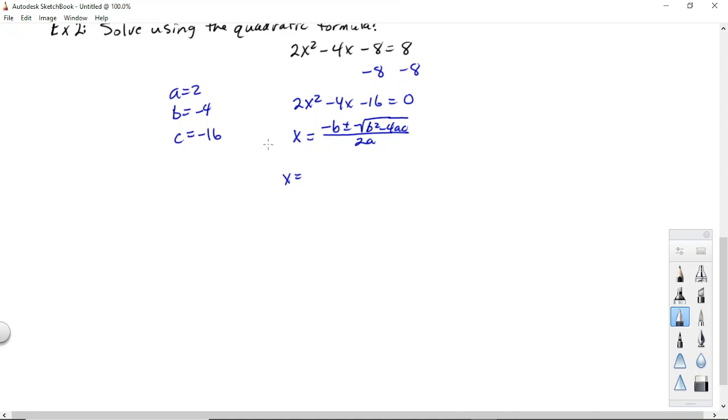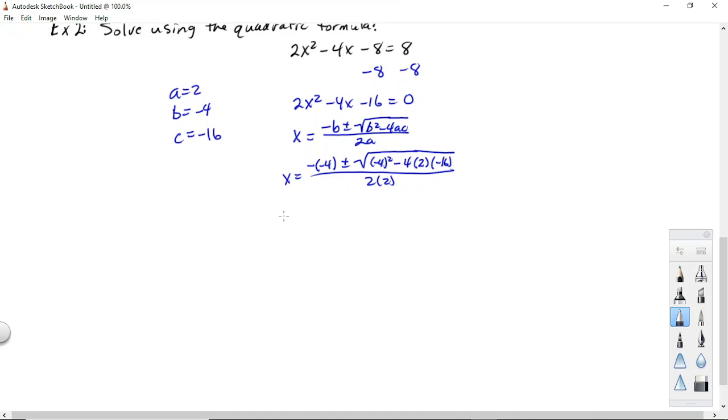So negative b is the negative of negative 4. So watch those minus signs. B itself is negative 4. Okay, so negative b is negative of negative 4. B squared will be that negative 4 squared. Then minus 4 times a, which is 2, times c, which is negative 16. So just plug it in exactly. Divided by 2a, so 2 times 2.